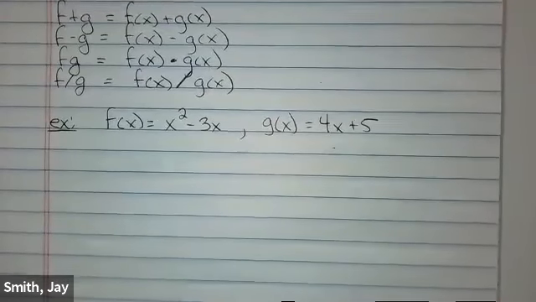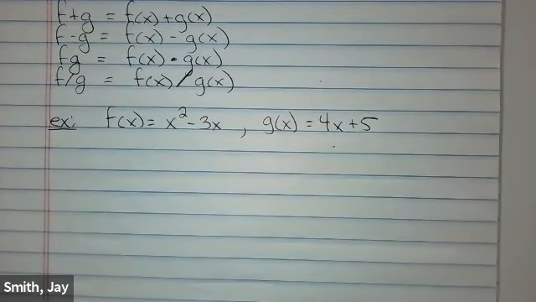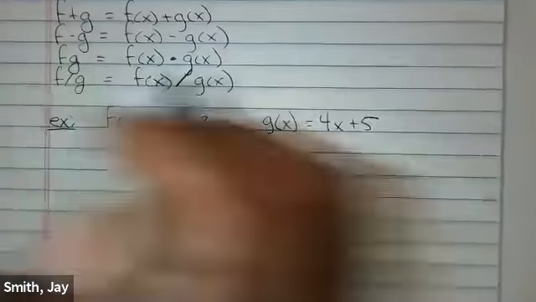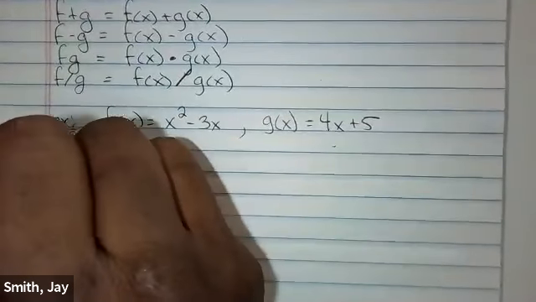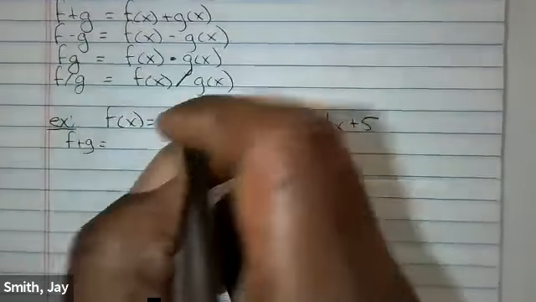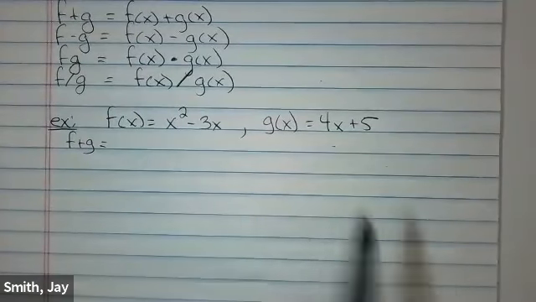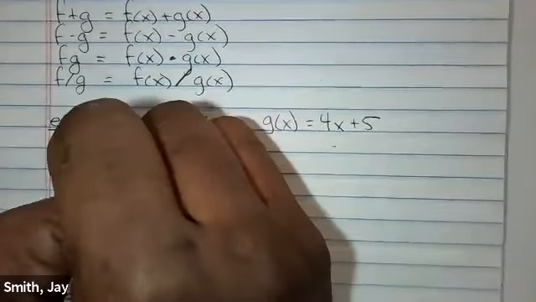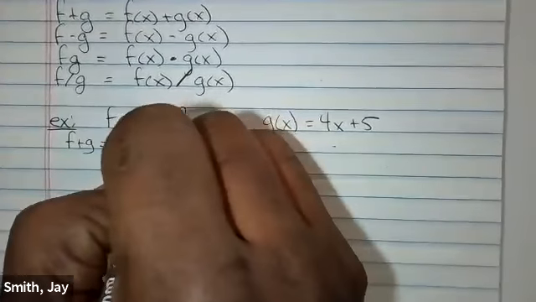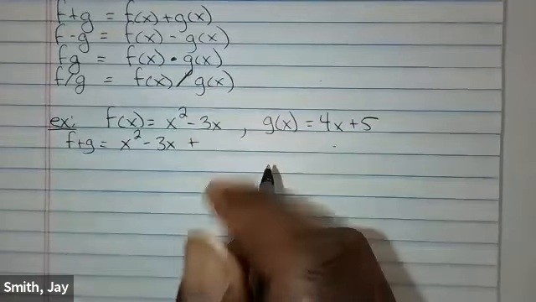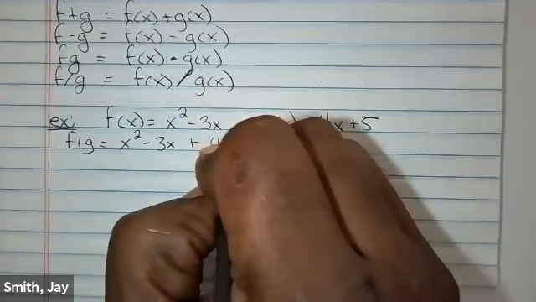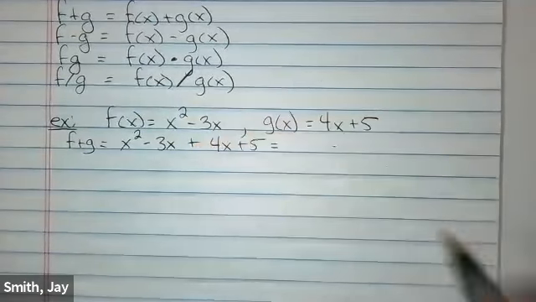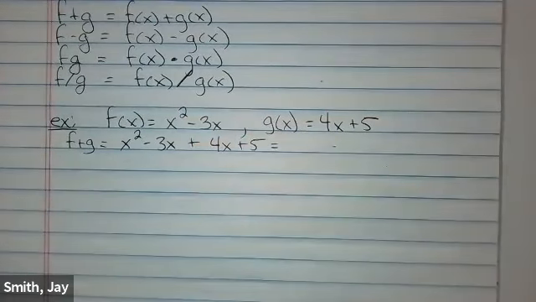And we're asked to find all the operations of those two functions, as well as their domains. So we can start with f plus g, which by definition is f of x, or in this case, x squared minus 3x, plus g of x, which is 4x plus 5.